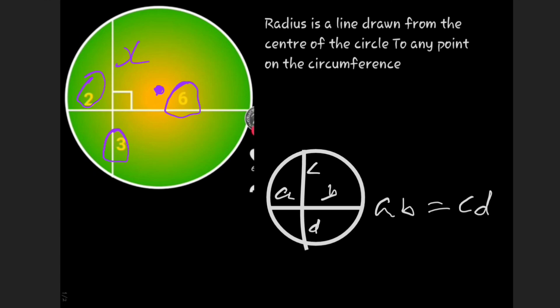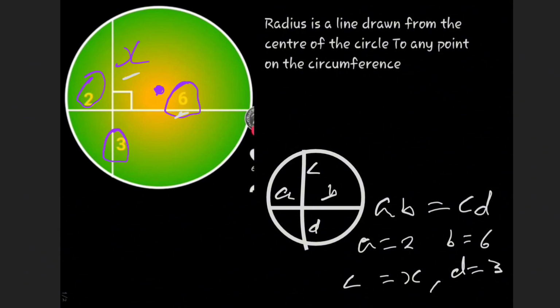Judging with this diagram, my A equals 2, my B equals 6, then my C is X, the unknown value, and my D is 3.